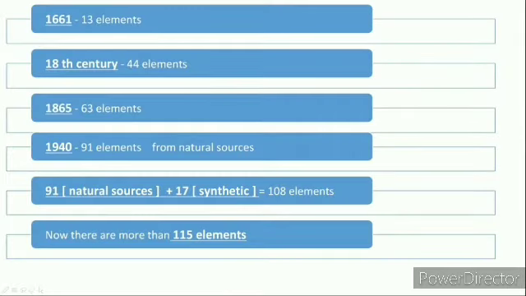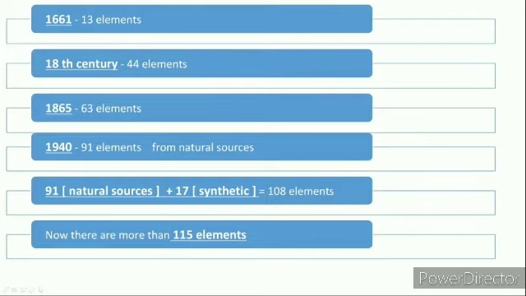By 1661, 13 elements were discovered. By the 18th century, 44 elements. By 1865, 63 elements. By 1940, 91 elements from natural sources, and another 17 elements were obtained synthetically. Now there are more than 115 elements.